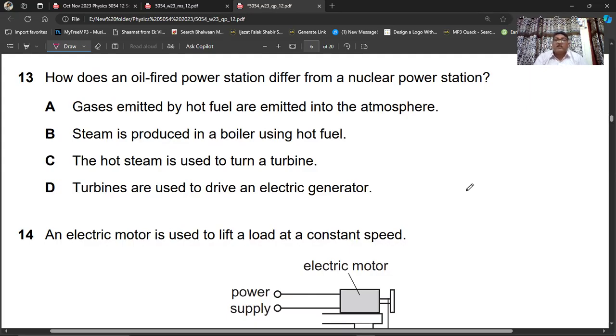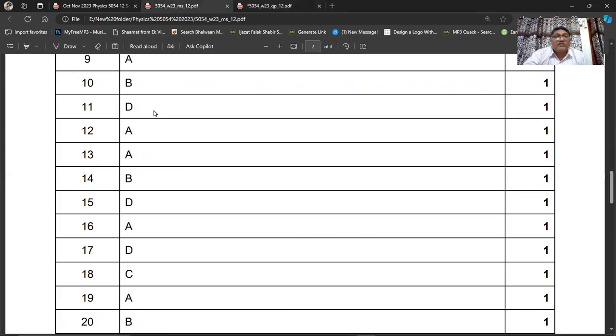This method is used in both cases. Turbines are used to drive an electric generator, that is also used in both the power stations. So the only difference remaining is choice A, where it says gases emitted by hot fuel are emitted into the atmosphere. So that is the main difference. Question number 13, A is the choice.